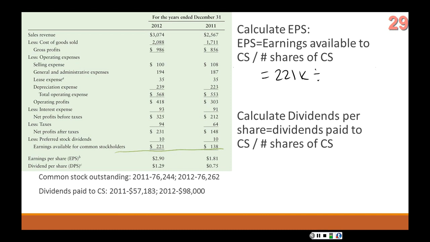And we divide that by the number of shares of common stock outstanding. And we see in 2012 that that was 76,262, to give you earnings per share of $2.90. We could also calculate dividends per share: dividends paid to common shareholders over the number of shares of common stock.